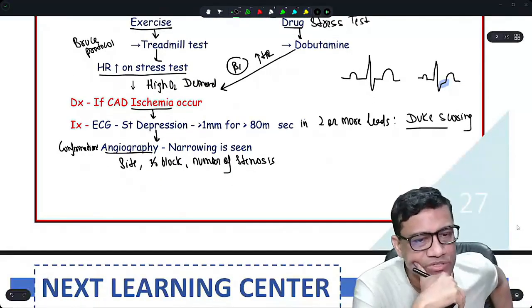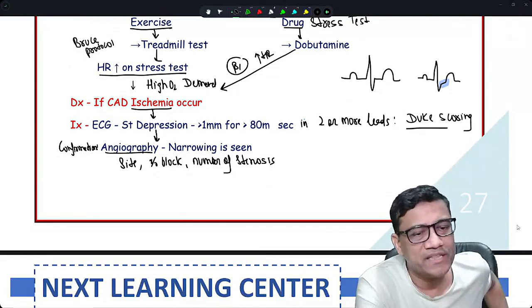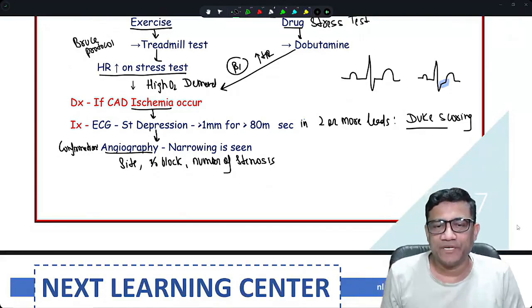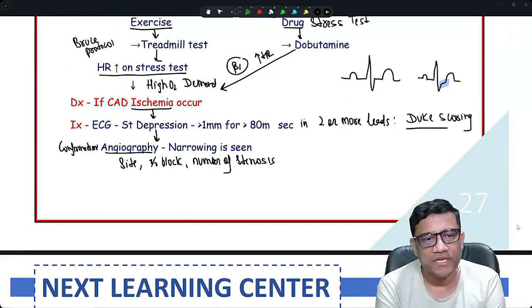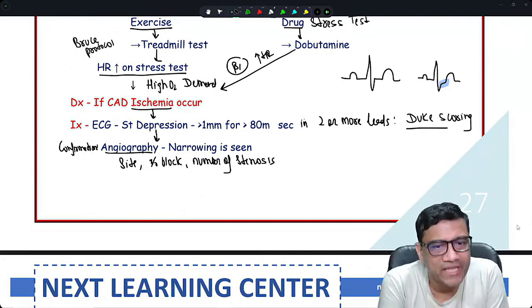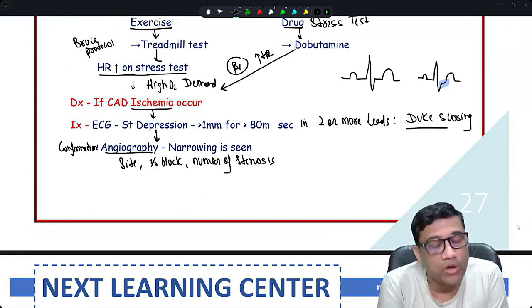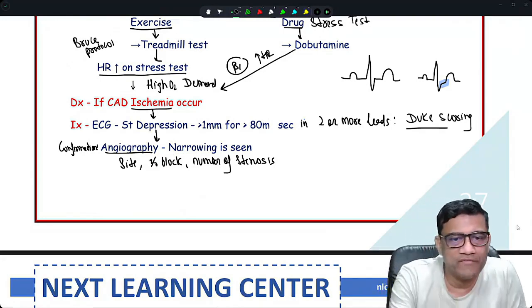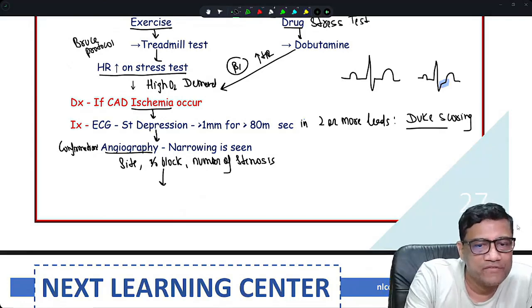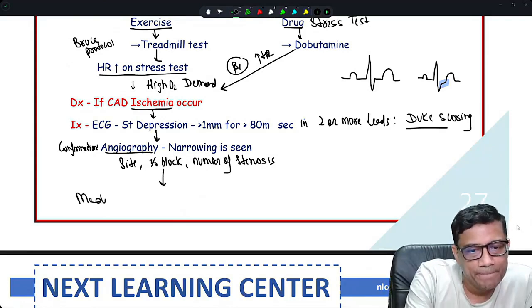Now next question, if CAD ischemia occurs, the positive test is ST depression of more than 1 mm. For confirmation, the site of the block and the number of blocks, we will do angiography, and after angiography we will start the medical treatment. What drugs do we use?